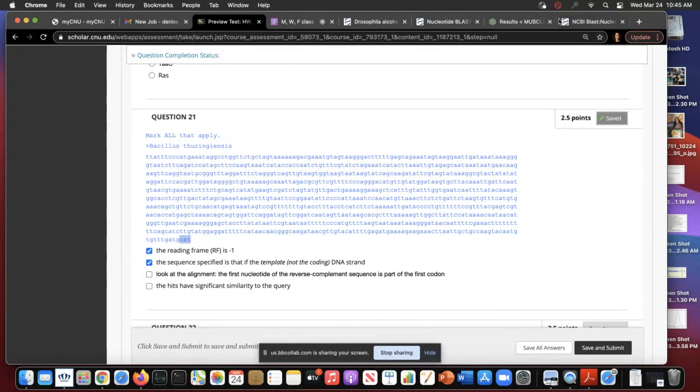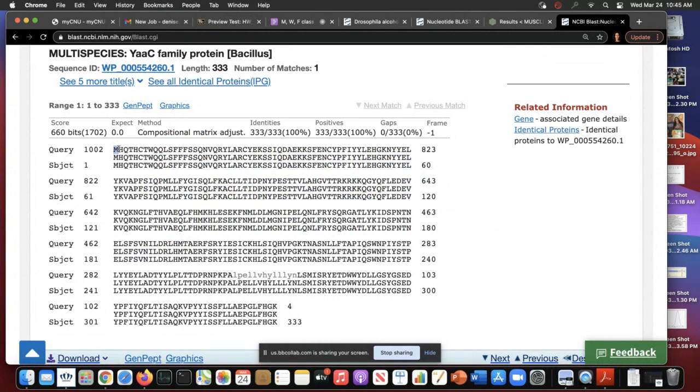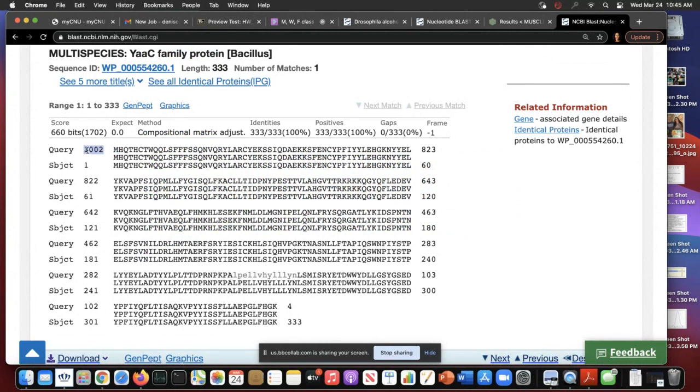On the homework, what I was hoping is that you would see that this was my last nucleotides that I entered, and that's how long my sequence was. But when you reverse complement, then it becomes the first one displayed in here.